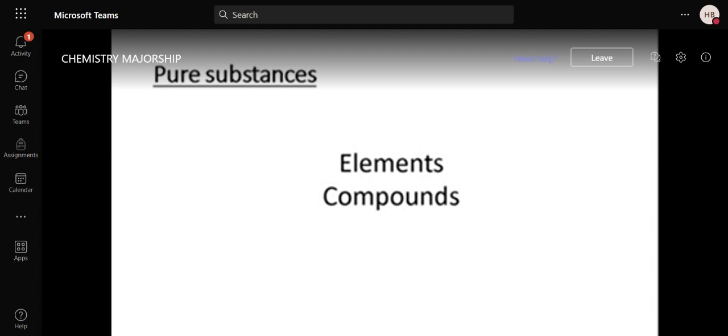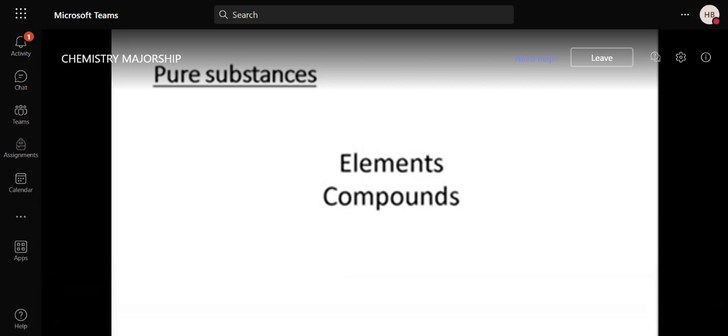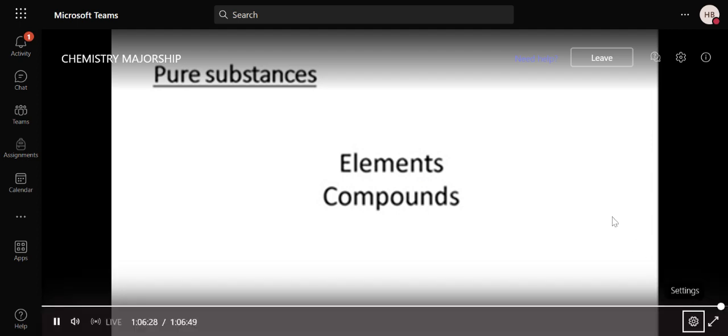So, example natin sa elements, in water, ano yung elements ng water? Hydrogen and oxygen. So, all hydrogen atoms have the same number of protons. Okay, isang proton yan lahat. Next, for compounds naman is yung molecule niya, and smallest unit of a compound is called a molecule.